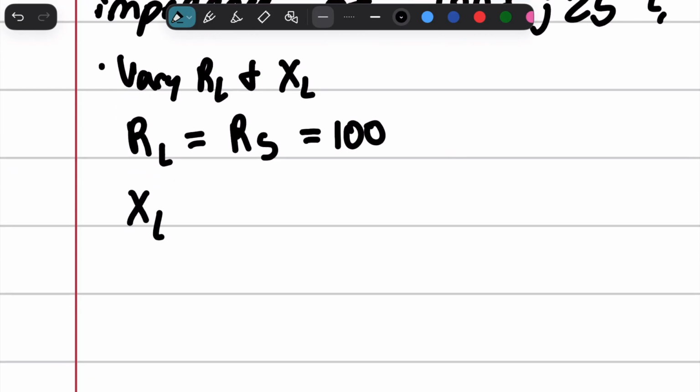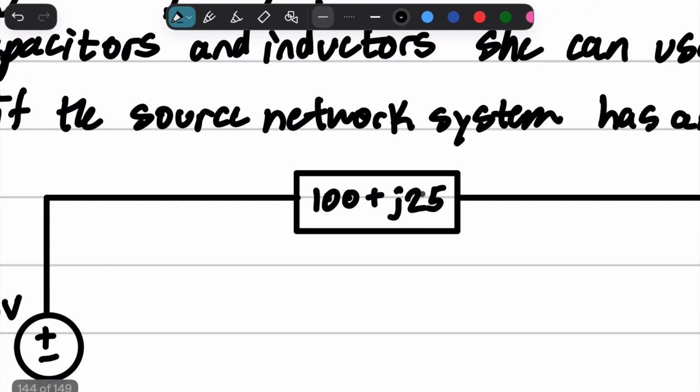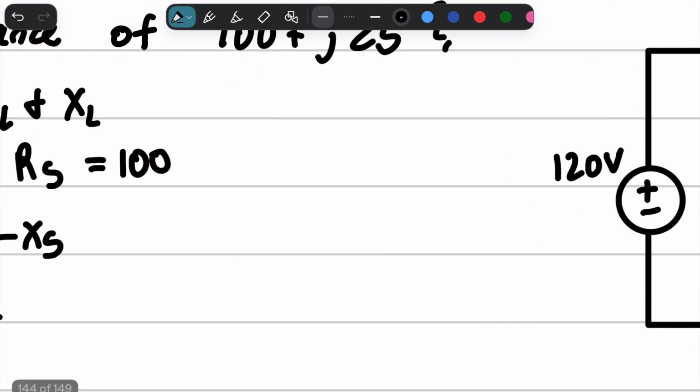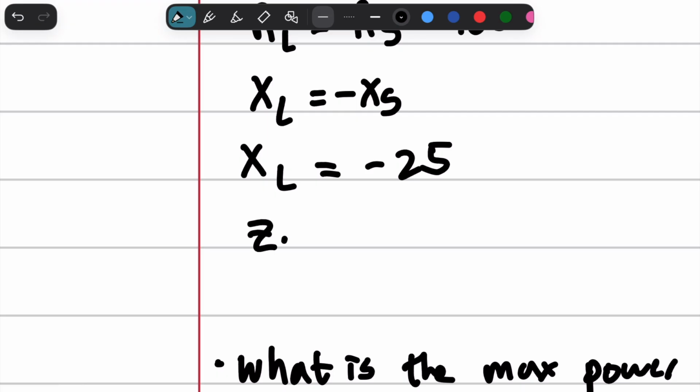We also know that XL is equal to negative XS, and therefore XL is going to equal the negative of this reactance right here, which is 25. So negative 25. So the impedance is simply ZL is equal to 100 minus j25. Super easy, isn't it?